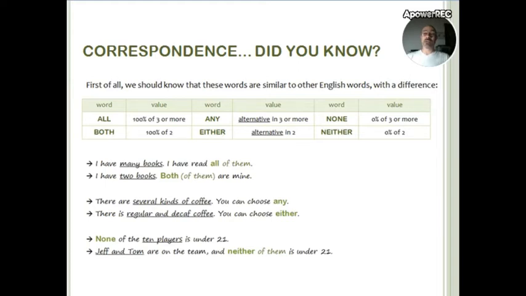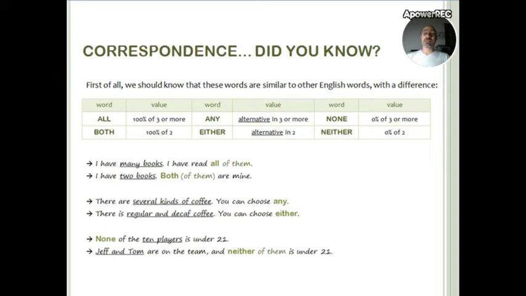In a similar way, any indicates an alternative for groups of 3 or more, while either or either means an alternative for groups of 2. On the other hand, none means nothing, no one, 0% in a group of 3 or more. And neither or neither means 0% in a group or a choice of 2.